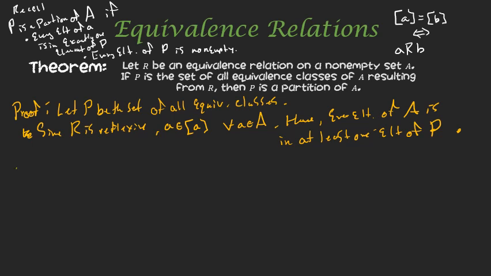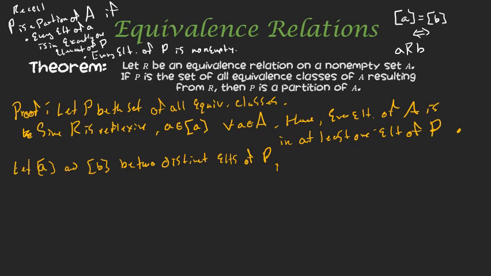So let the equivalence class containing A and the equivalence class containing B be two distinct elements of P. And I'd like to say that every element could only belong to at most one of those.